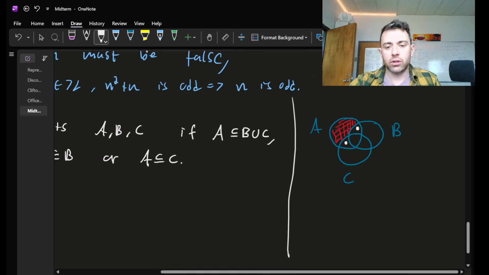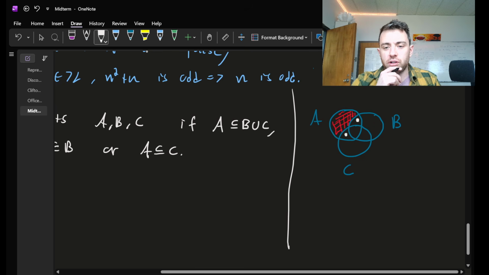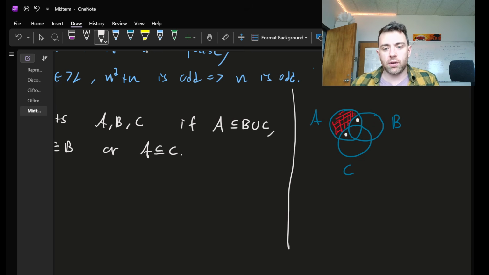So how could I possibly construct such an example? Again, we're thinking like mathematicians, we want to construct a minimal such example.